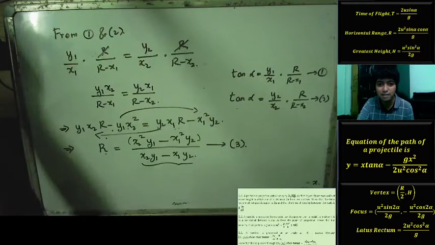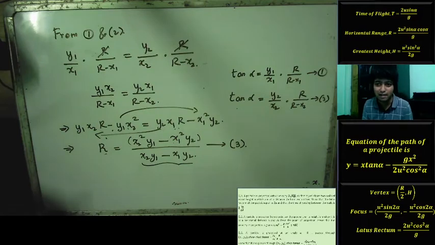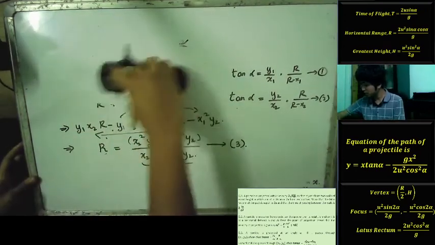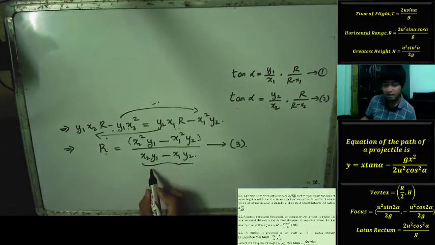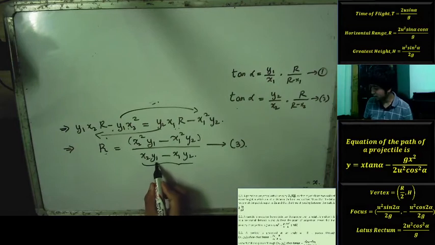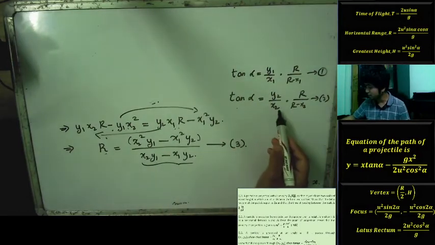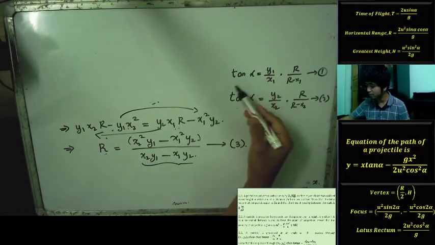Somehow we hope it will work out at the end. This is how we will do it. If you notice, the denominator contains x2 y1, so we will need to have x2 y1 somewhere.